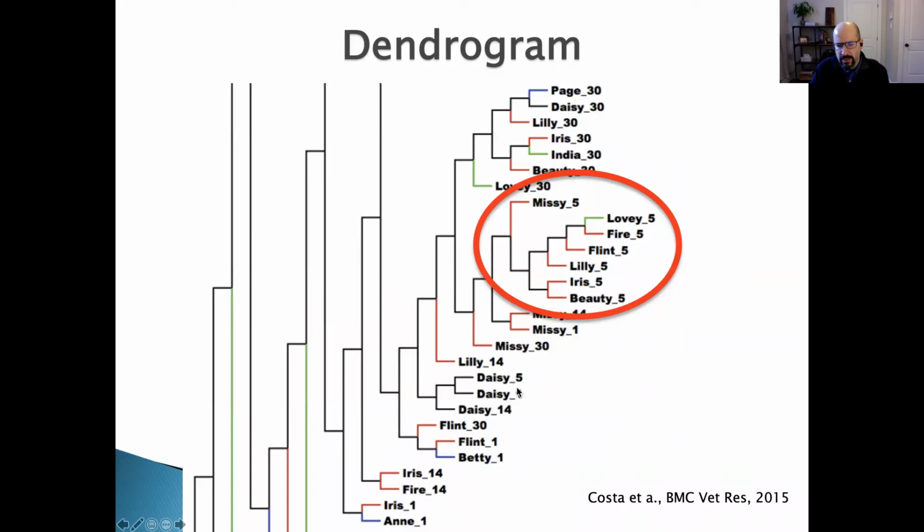It was still clustering with the baseline, meaning that after 5 days, she didn't get antibiotics, but all of the others had. So her microbiota remained stable from day 1 until day 14, and her day 30 is here. So it was very good. I was very happy to see the results.